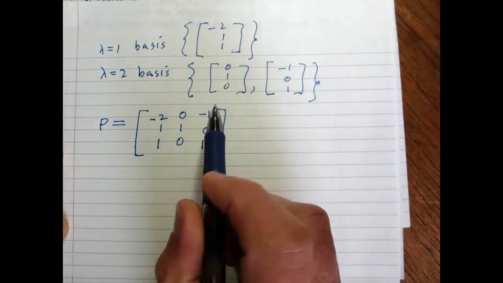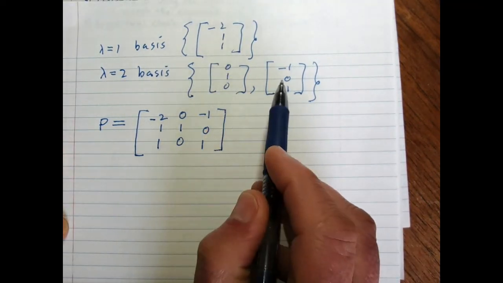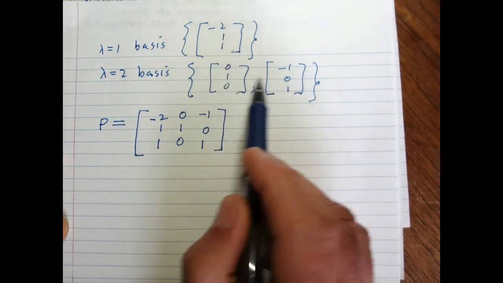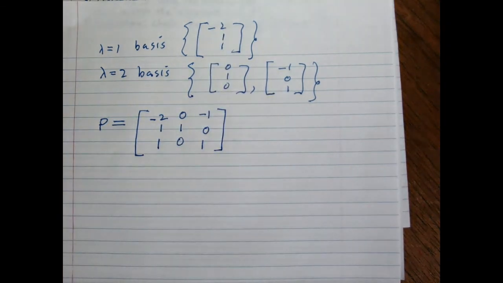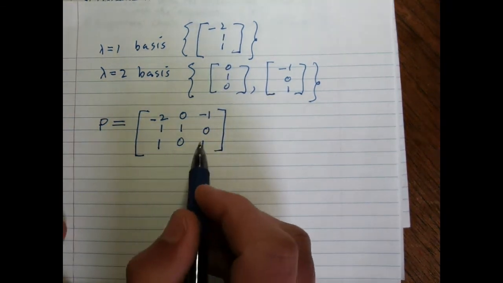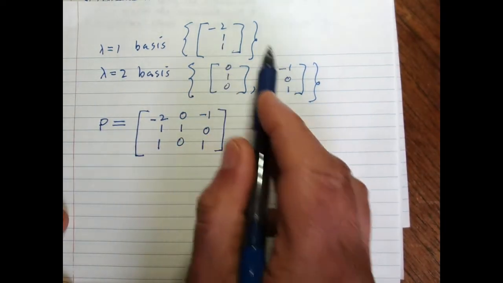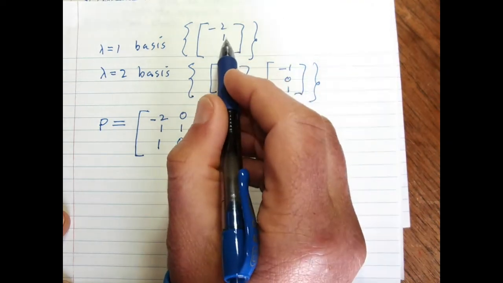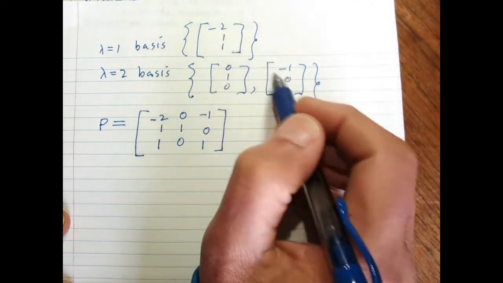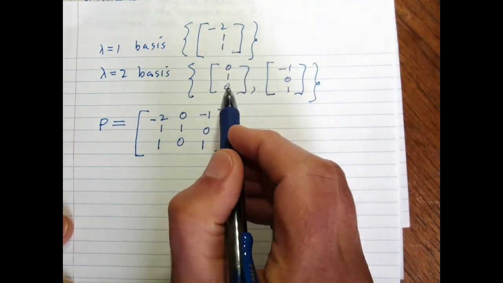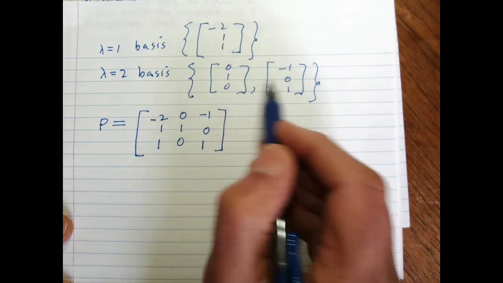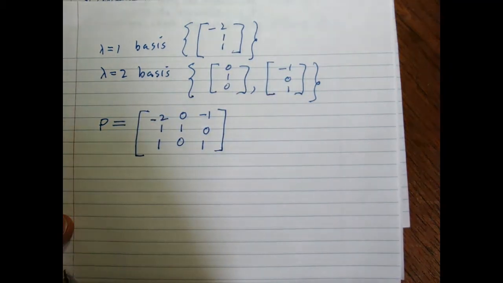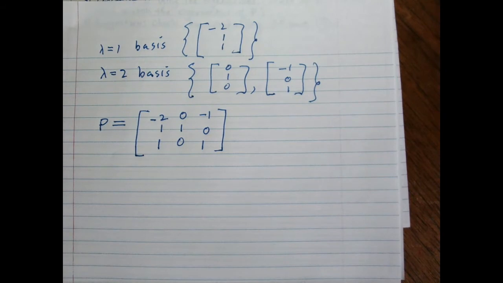As long as I have enough basis vectors, here I would need 3 for a 3 by 3 matrix, I'm going to have an invertible matrix here. Those 3 vectors are linearly independent. We know the basis vectors for distinct eigenvalues are independent of each other, and then we know these 2 are independent because they're basis vectors for the lambda equals 2 space.